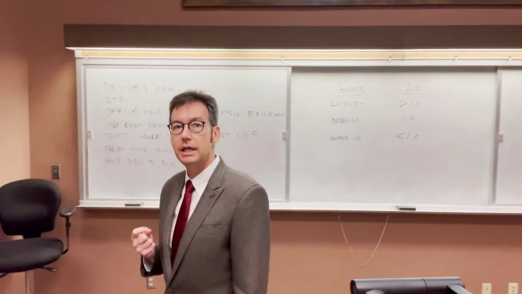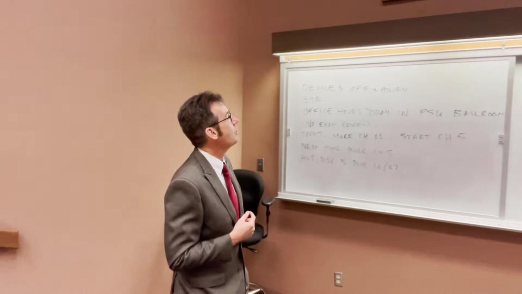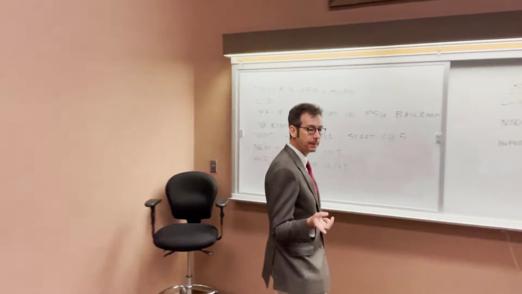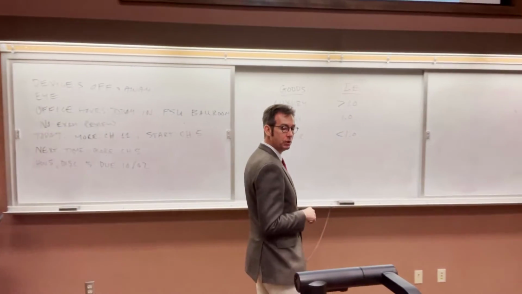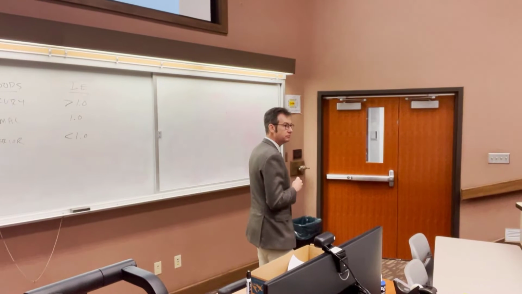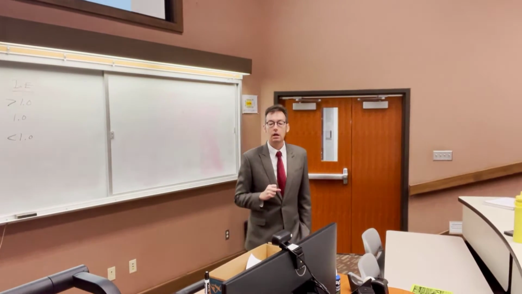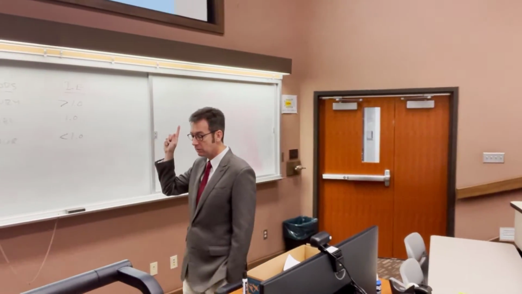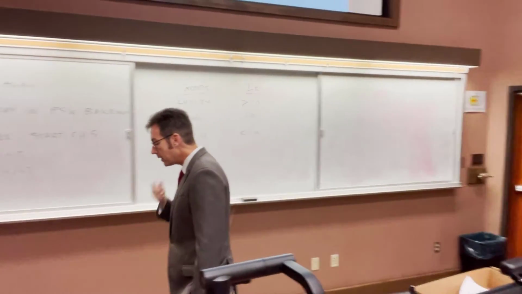Now, I want to point something out to you. If you drew a straight line between Supertech and Slowpoke, would that portfolio return be above or below that line? The box. Yeah, so if we draw a line between Slowpoke and Supertech, the little box would be above or below the line? Above.